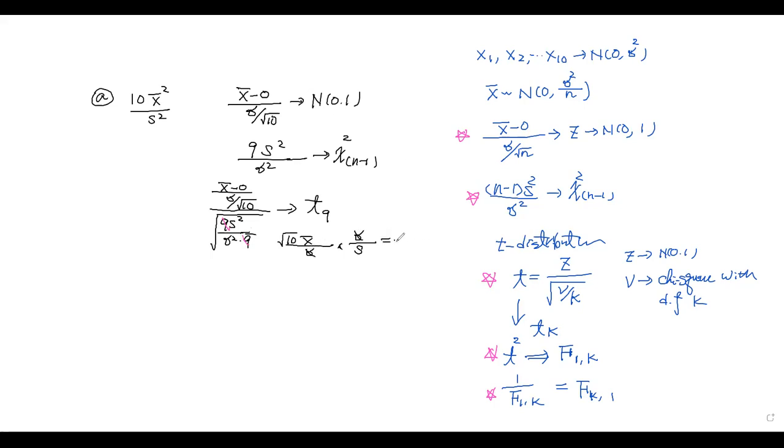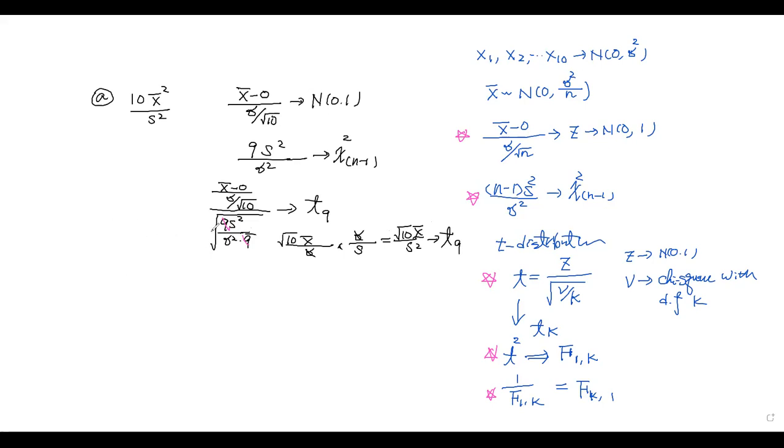So I can come to the conclusion that the square root of 10 times x bar over S is t, a t distribution with 9 degrees of freedom.